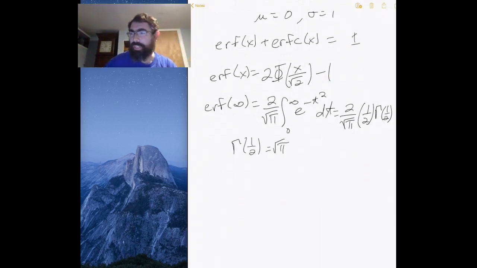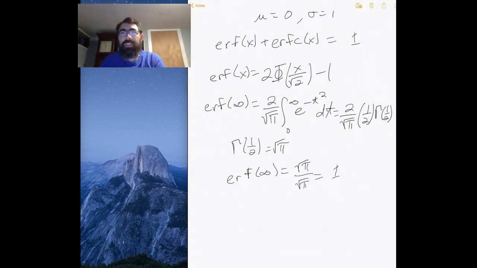So in the end, what I get is the 2's canceling. The error function at infinity is the square root of pi divided by the square root of pi, or it's equal to 1. So basically, if I was to integrate the error function over the full space of 0 to infinity, the answer that I would get is 1.